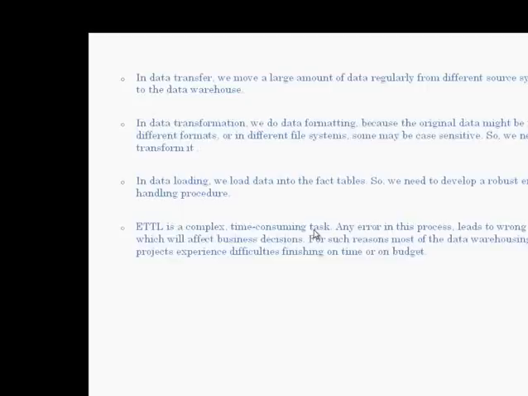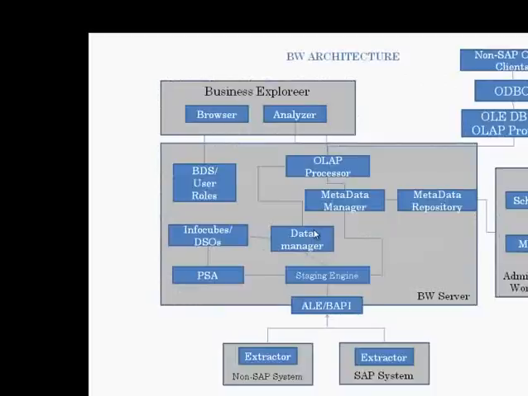So this is the BW architecture. Generally you have extractor source systems. Either it can be an SAP source system or non-SAP source systems. While you load the data, data gets loaded through BAPIs and ALE. So there are function modules which act as connections.